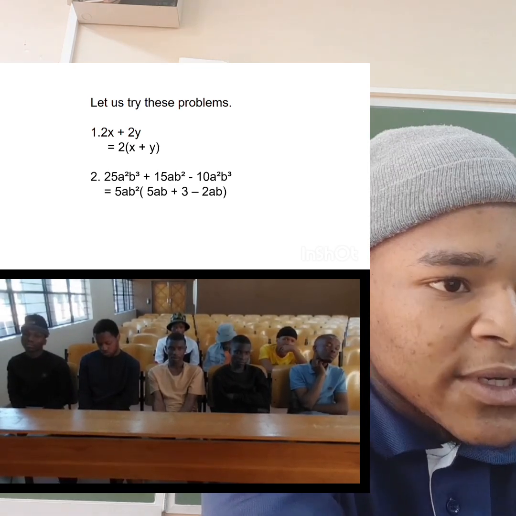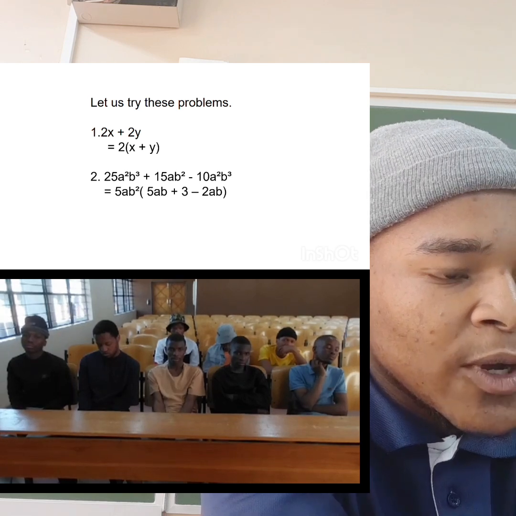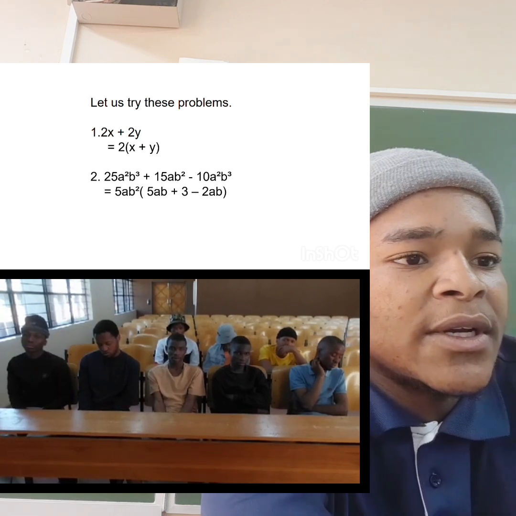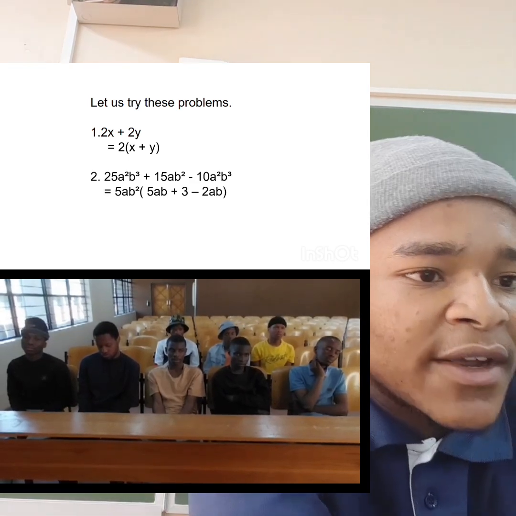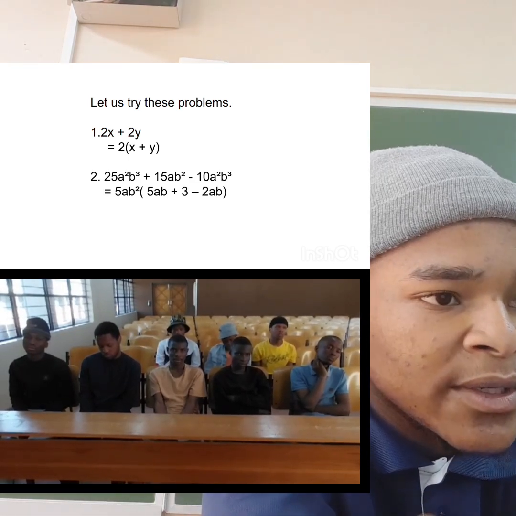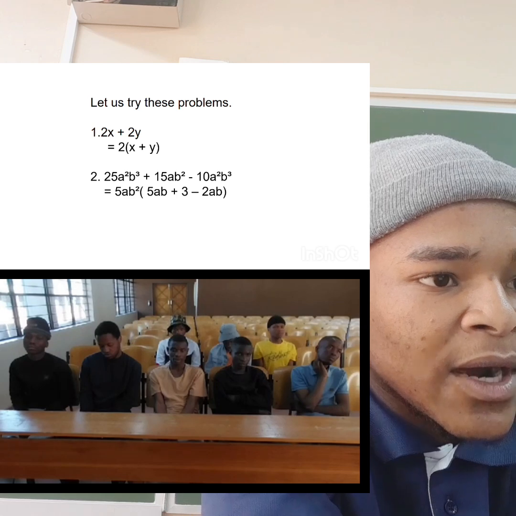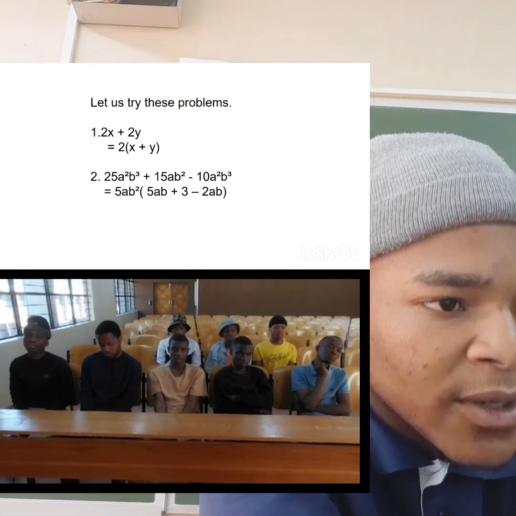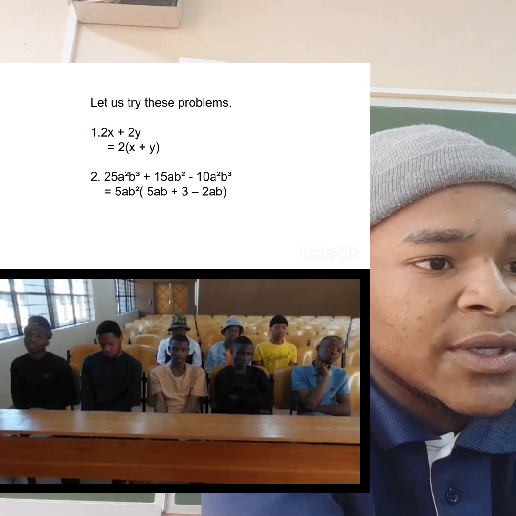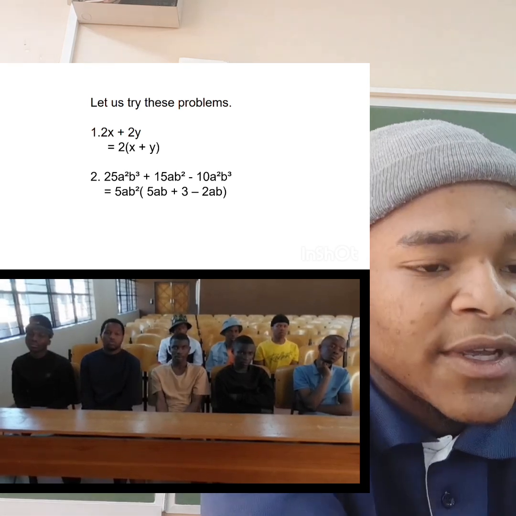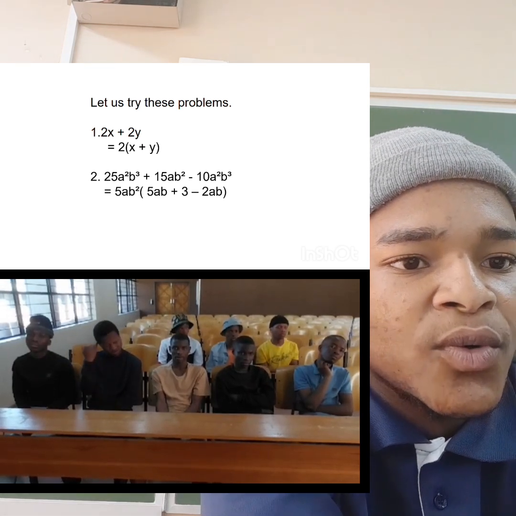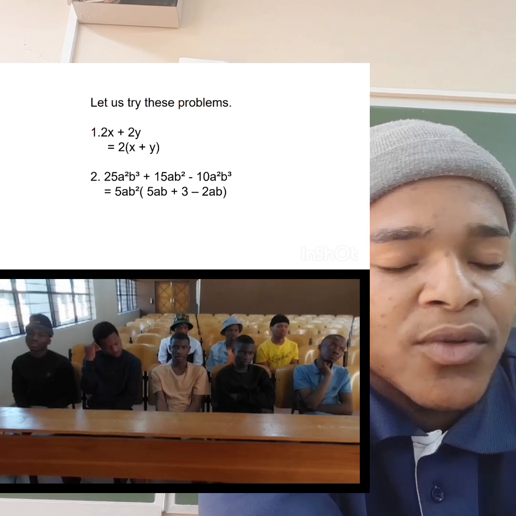So with this problem, we take out the common factor, which is gonna be 5ab squared, and our answer will be 5ab squared open bracket 5ab plus 3 minus 2ab close bracket.